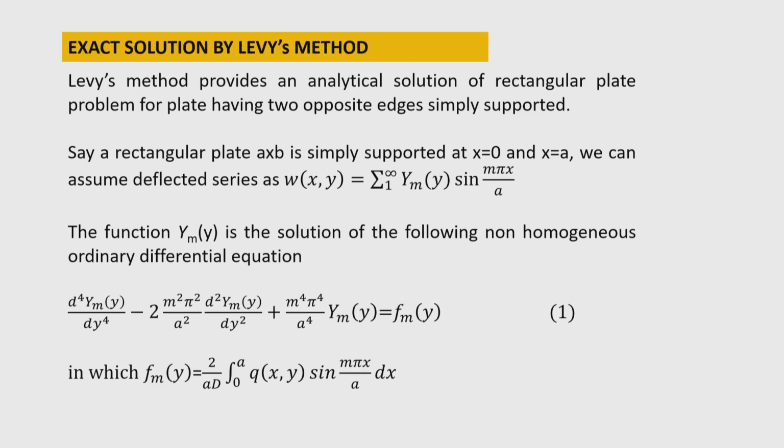Levy's method, as I have told, gives the exact solution. Navier's method also gives the exact solution, but the difference is that in Navier's method the requirement is that all 4 edges of the rectangular plate should be simply supported, whereas in Levy's method some relaxation is made: only two opposite edges are required to be simply supported and the other two edges may have any boundary conditions, the same or different, or may be elastically supported or supported by a torsional spring.